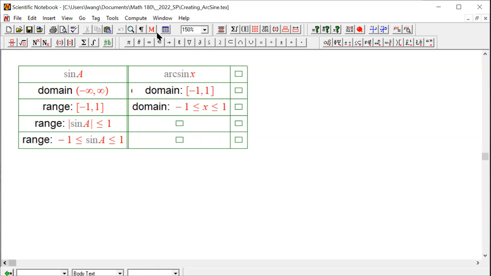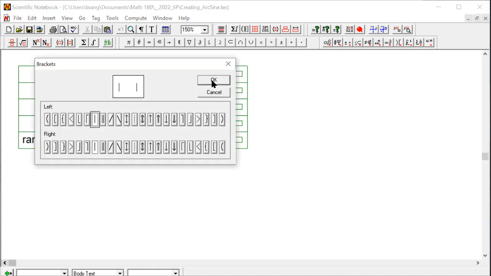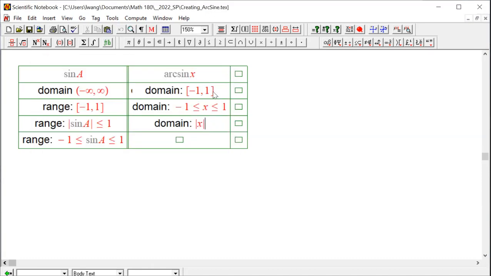The domain can also be expressed as the absolute value of x less than or equal to 1. These are preferred, as we stated before.